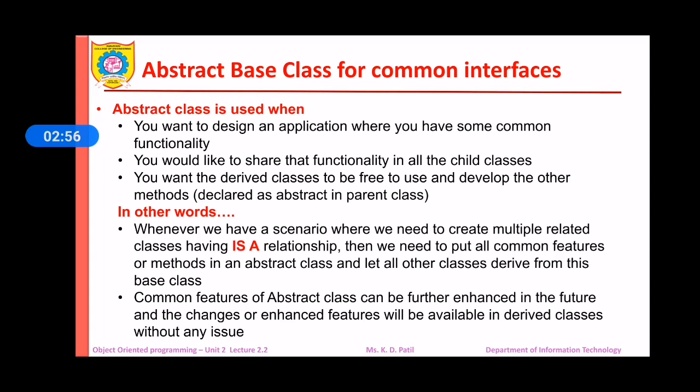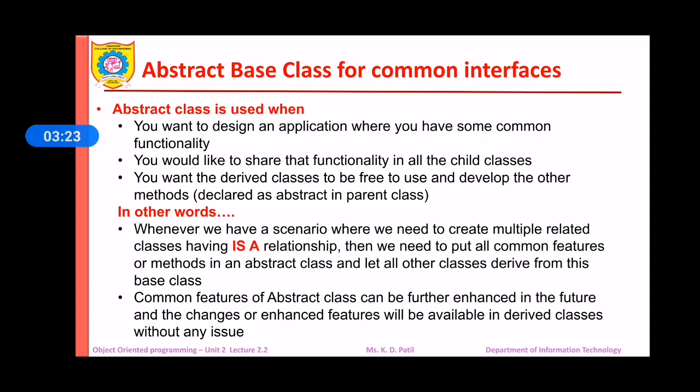Please remember that an is-a relationship is an inheritance relationship. So of course a superclass and subclass concept will be available. The derived classes will be subclasses of the abstract base class. Common features of the abstract class can be further enhanced in future, and the changes or enhanced features will be available in the derived classes without any issue.